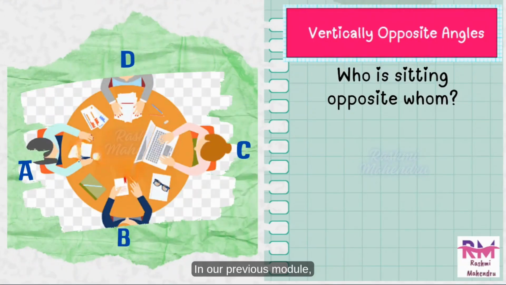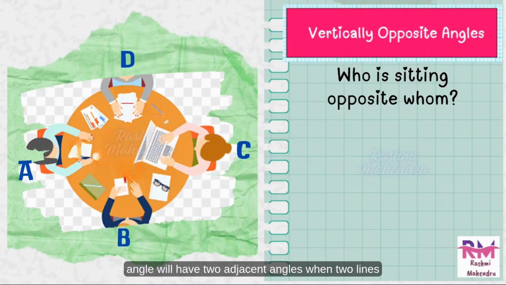In our previous module, we explored the concept of adjacent angles. Using the example of 4 people sitting around a table, we concluded that B and D were sitting adjacent to A, and then we applied the concept to angles, realizing that every angle will have 2 adjacent angles when 2 lines intersect.